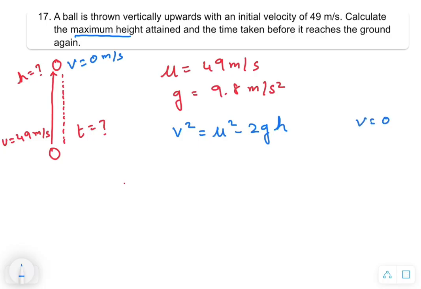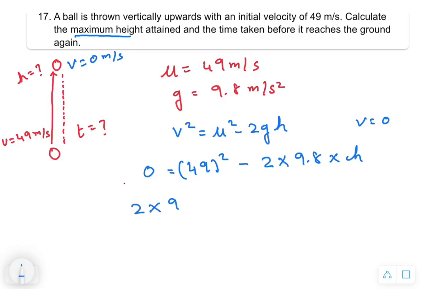So v is 0 here. So 0 square equal to 49 square minus 2 multiplied by 9.8 meters per second square multiplied by h.